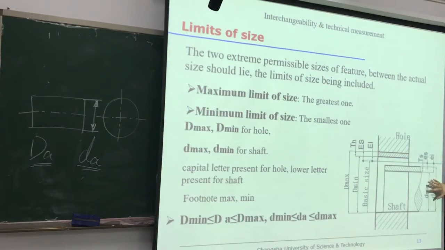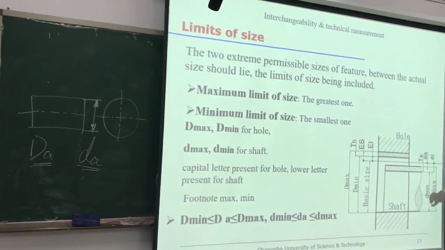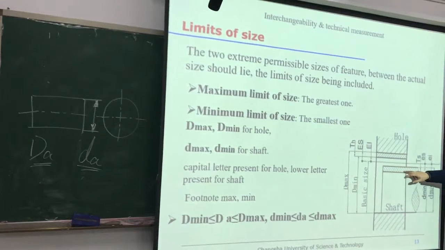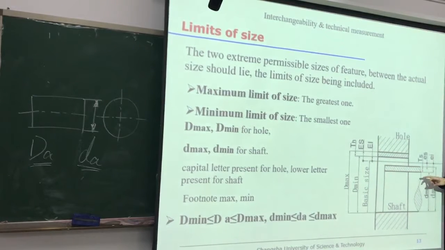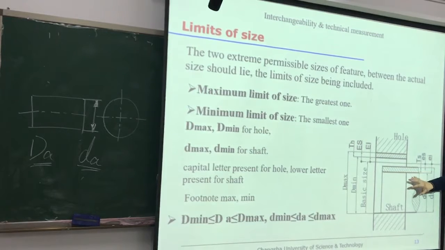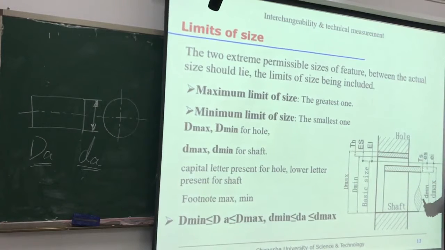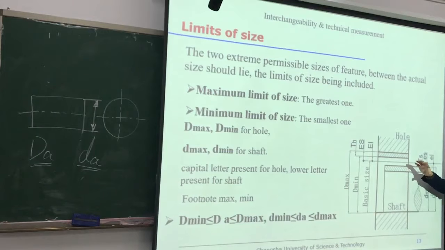As we stated before, both the shaft and the hole have limits of size. Let's first look at the shaft. Let's look at this line. We just said the maximum limit of size and the minimum limit of size. So which limit of size do you think this line represents? First, the shaft has a nominal size or basic size, but we set a tolerance for it.